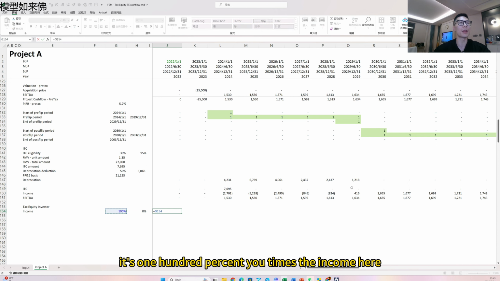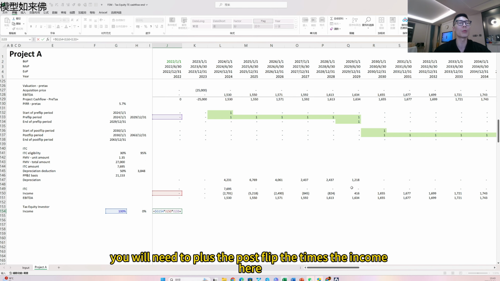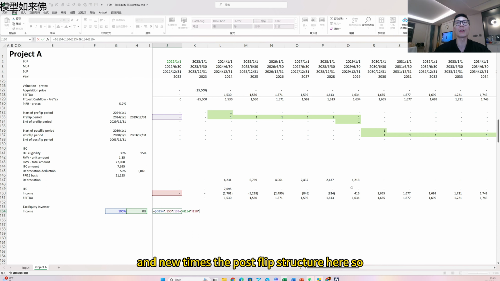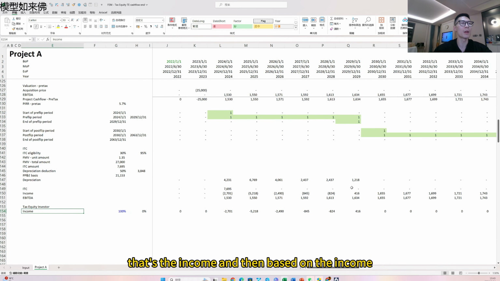So it's 100% times the income here, which is negative, times the time flag here, plus the post-flip times the income here, times the post-flip structure here. So it's all the same method. So that's the income, and then based on the income, you can have a tax. We can term it as a tax equivalent cash flow.